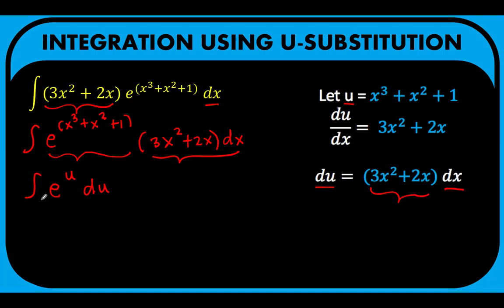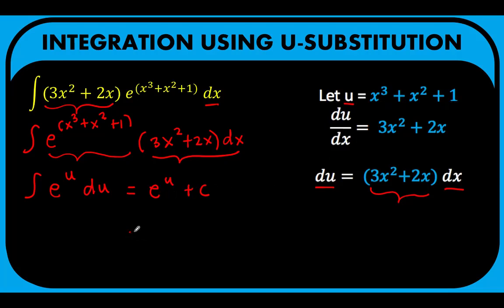The antiderivative of e to the u is itself plus a constant. So this is now equal to e to the u plus c. We now have here an antiderivative in terms of u. But since u is equal to x cubed plus x squared plus 1, we can now unsubstitute u.